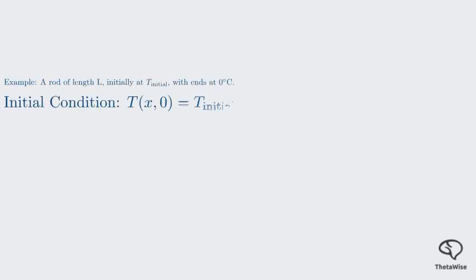Let's look at a classic example. A metal rod of length L, initially at a uniform temperature T_initial, whose ends are suddenly plunged into ice water at 0 degrees Celsius. The initial condition is that the temperature is T_initial everywhere. The boundary conditions are that the temperature at both ends, x equals 0 and x equals L, is held at 0 degrees for all time.